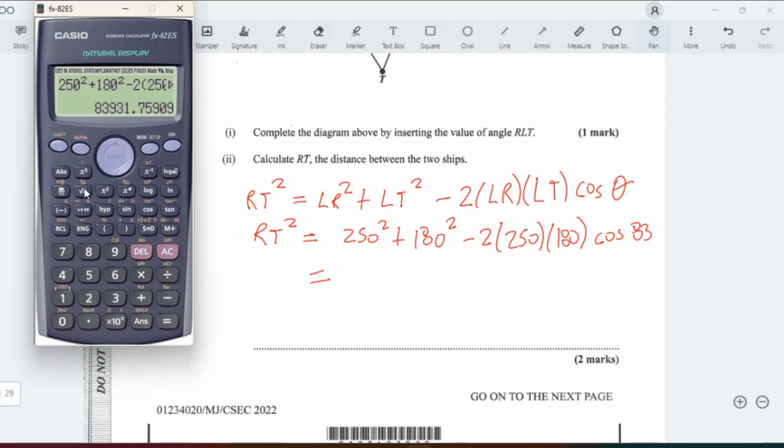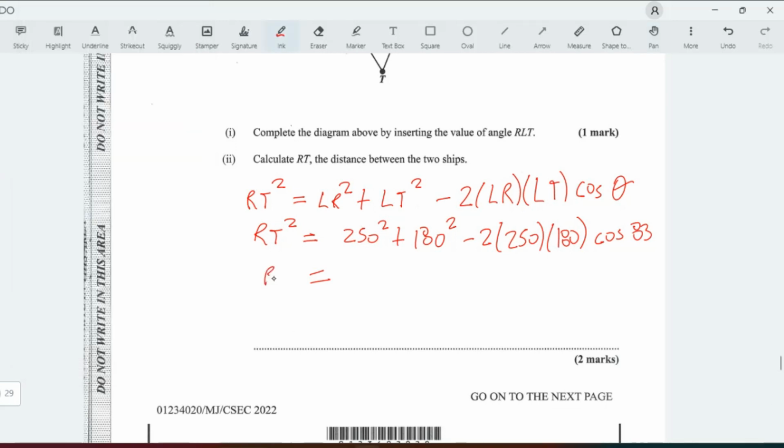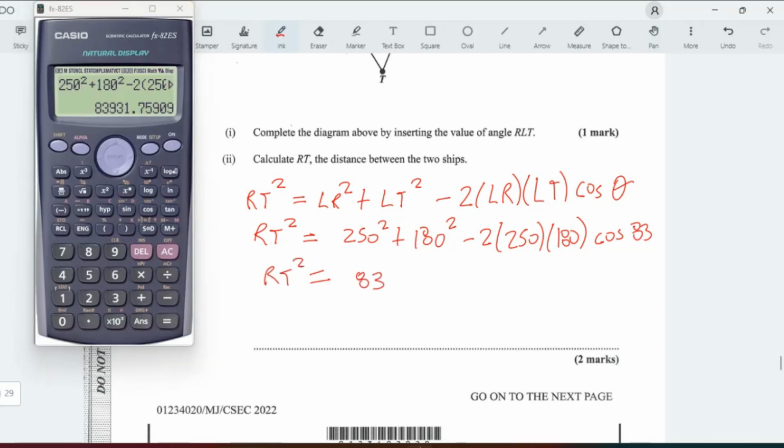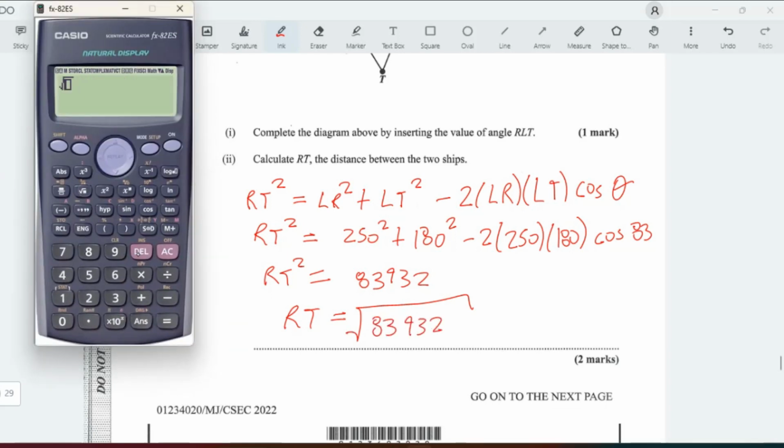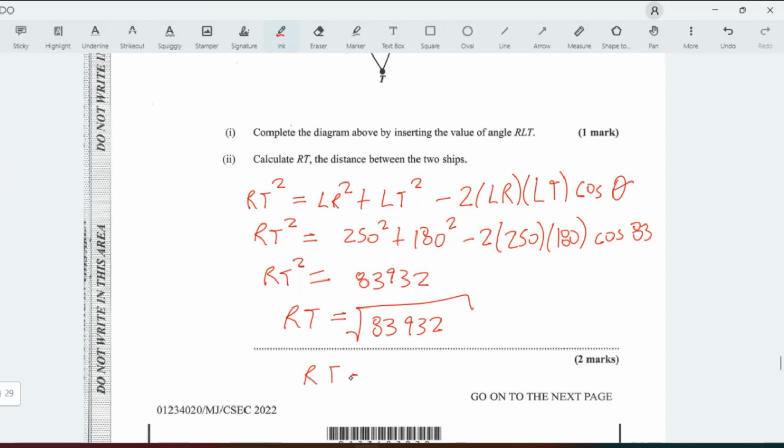So when you square root it, you're going to get RT. RT squared is 83,932. RT is the square root of 83,932. So square root it, and I'm going to give it to the nearest kilometer. So RT is equal to 290 kilometers.